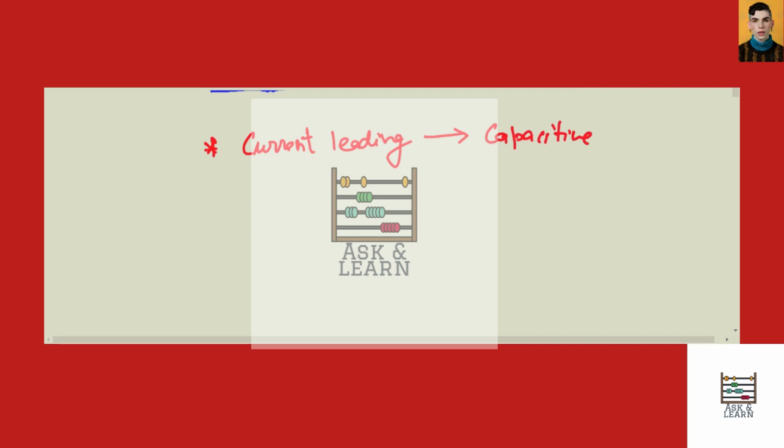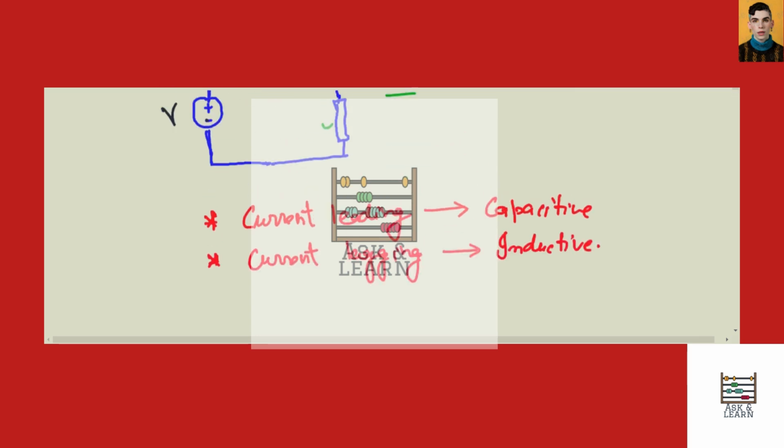And if the current is lagging from the voltage, then the impedance will be inductive, right? So first of all, how to identify whether the current is lagging or leading?